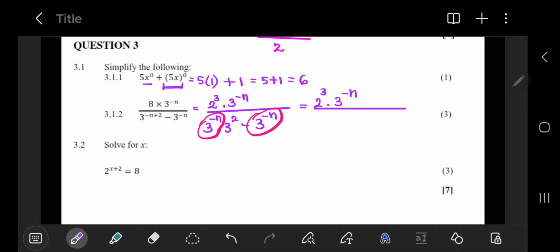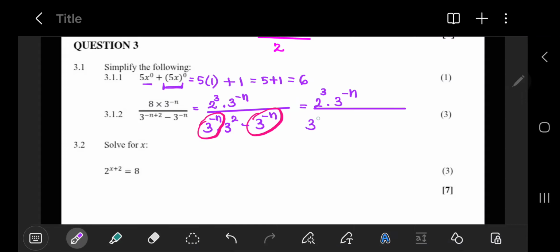And listen, it's not necessary for you to factorize your numerator. Why? The reason is because this is seen as only one term. Remember, terms are only separated by a plus or a minus, which means that your denominator has 2 separate terms. If you want to cancel out something, you're not allowed to. You have to factorize first.